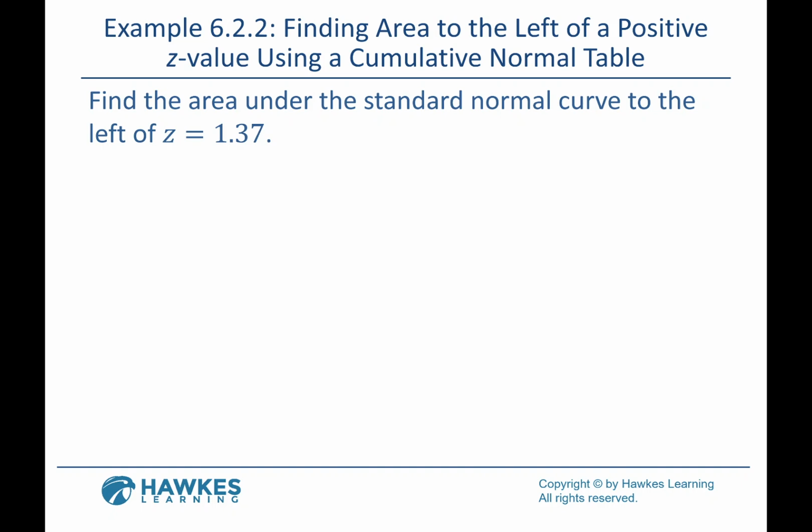And then if you look across the top, what it's giving you there is the last digit, the third digit. So what we're going to want to look for is down the left-hand column for 1.3. And then we're going to look across the top for 0.07, that last digit there. So that's on side B. You don't have to think about that, but it's on side B.